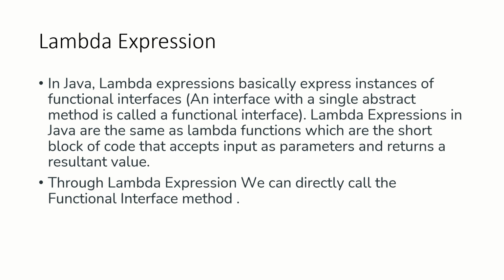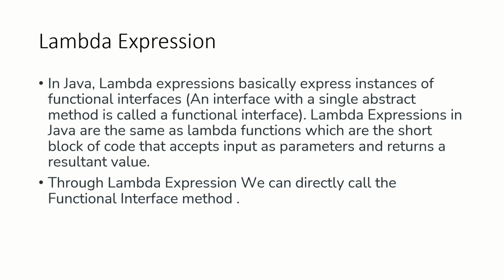If you don't know what a functional interface is, then let me tell you. A functional interface is an interface with a single abstract method. When an interface has only a single abstract method, that interface is called a functional interface. And there comes the picture of Lambda expression. Lambda expression helps us to implement that single abstract method of the functional interface. So in Java, Lambda expression basically expresses the instance of the functional interface.